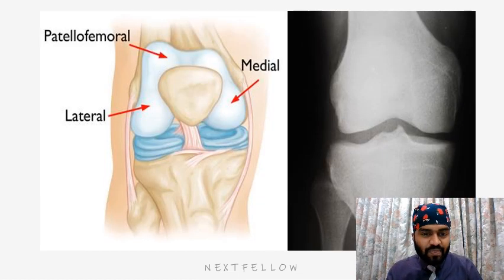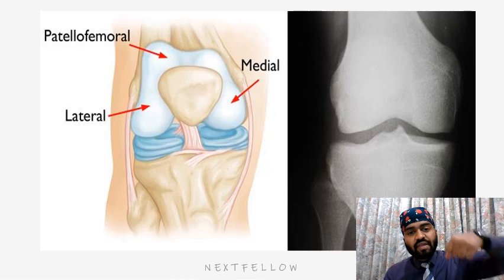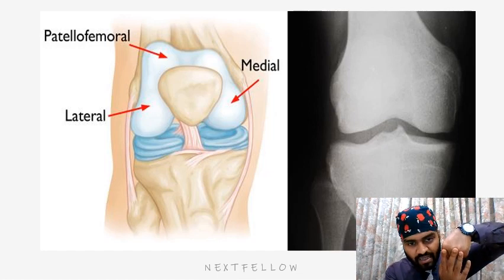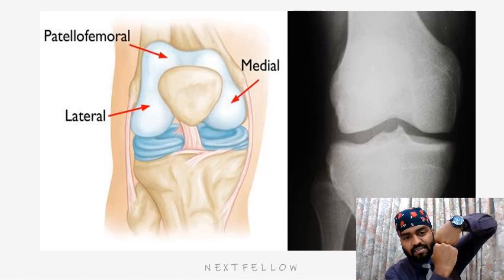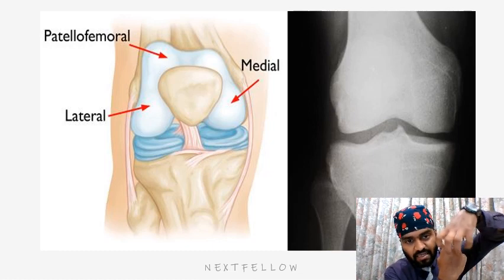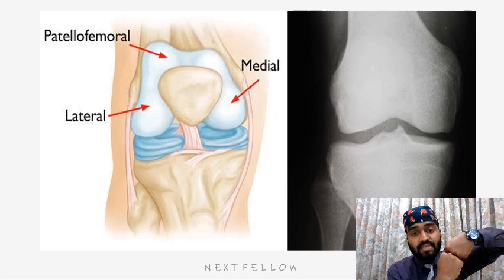The knee joint is one of the most important joints in our body. The knee joint is made up of the articular surface of the femoral condyle and the articular surface of the tibial plateau. This is made somewhat like this, with the patella, which is one of the largest sesamoid bones in our body, anterior to the femoral condyle and the tibial plateau.